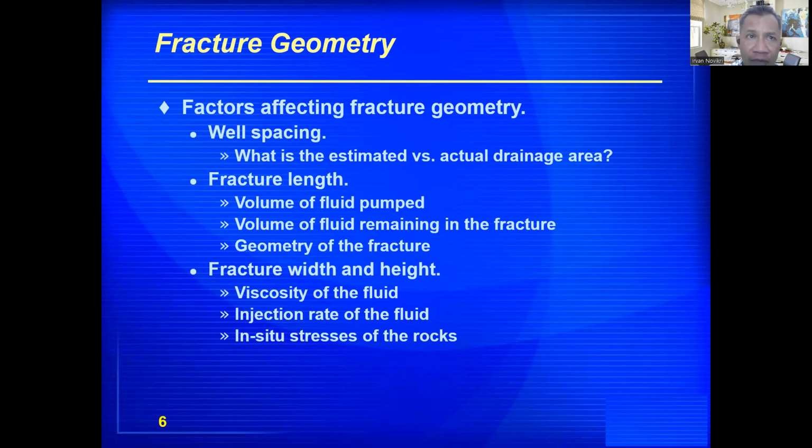There has actually been litigation over something called relative damages. So you want to know what the spacing is and how to design the proper fracture length. Fracture length is really dictated by the volume of fluid pumped, and the volume of fluid that remains in the fracture, because again, some leaks off and some does not, which affects the geometry of the fracture. Next, fracture width and height.